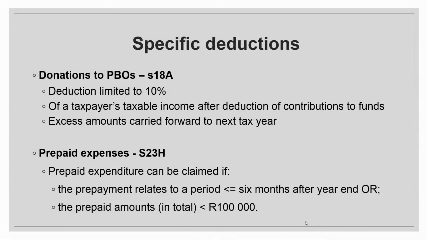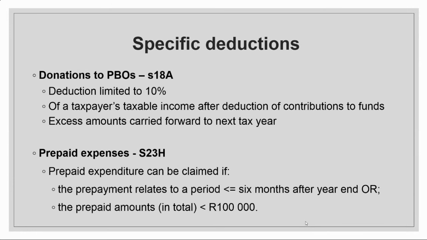Then prepaid expenses. These are amounts that you have paid for future expenses. Then you have to look at two things. The first rule you look at is, will that expense be incurred within the next 6 months? If the expense that I've paid will actually happen within the next 6 months of the year end, I can deduct the full amount.